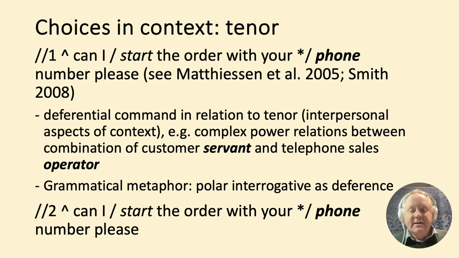So in this text, if this polar interrogative mood choice were being used in its congruent function, the speaker would be asking whether or not they can start the order with the customer's phone number. That is what this polar interrogative choice means in its congruent use.